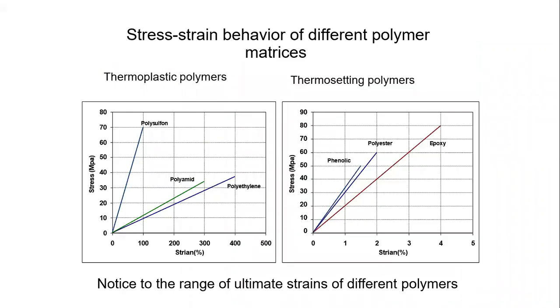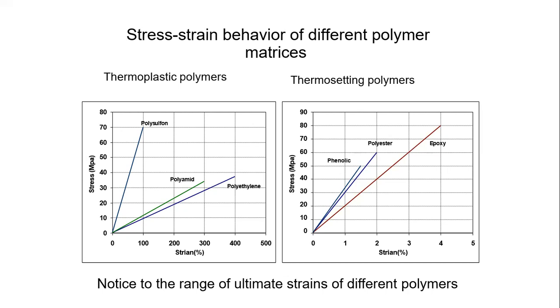Next one is the stress-strain behavior of different polymer matrices. The basic comparison is between two polymers only, that is thermoplastic polymer and thermosetting polymer. There you have taken the two stress-strain graphs. First, we are taking the thermoplastic polymers.